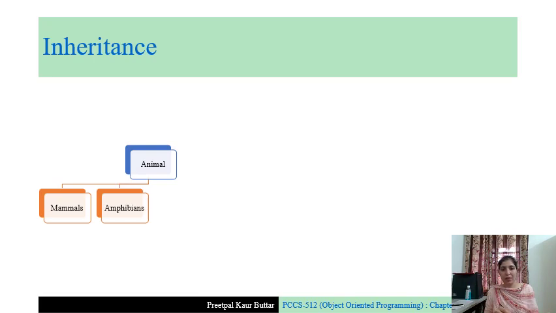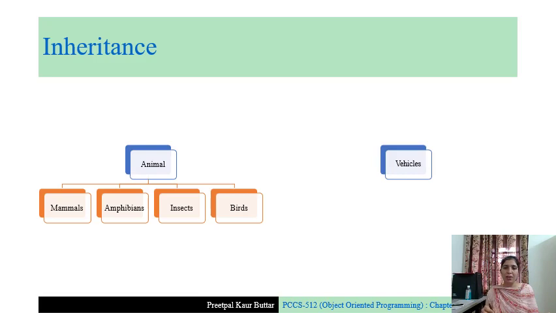Similarly, amphibians also possess the properties of animal, plus they have their own properties. Insects are also a kind of animals, but they possess their own unique features. Similarly, birds are animals and they also have their own features.